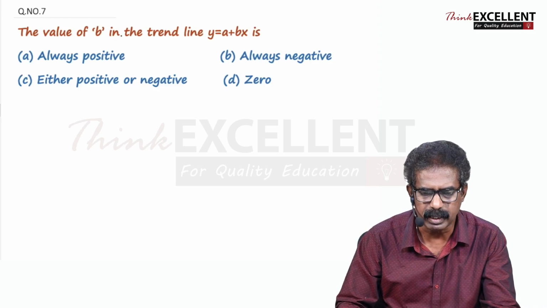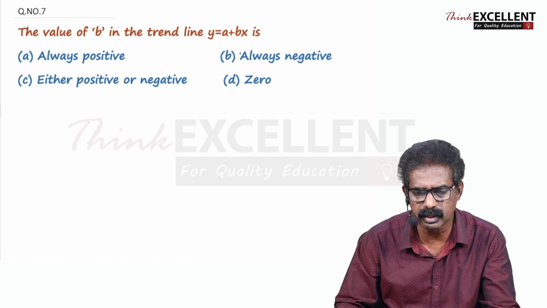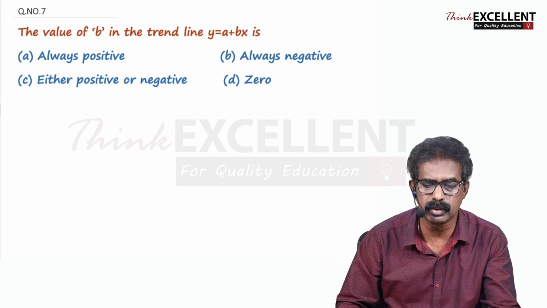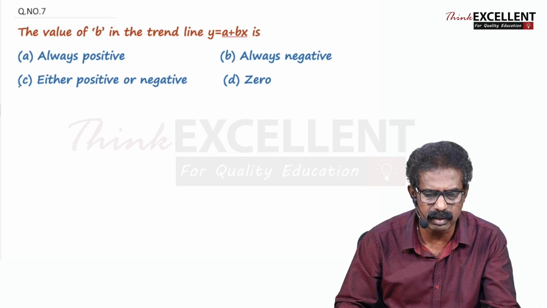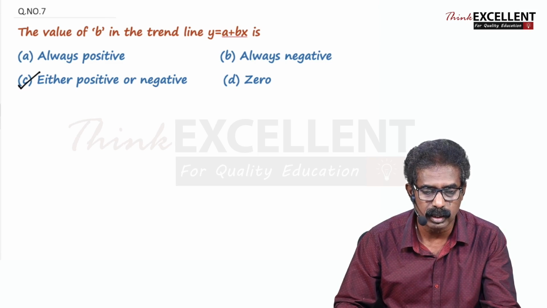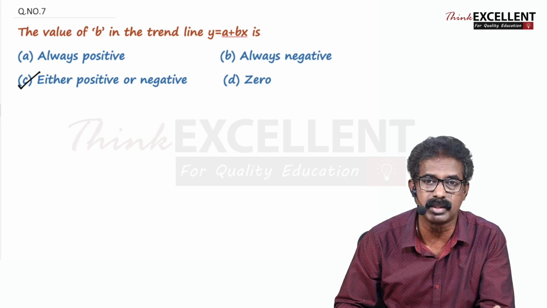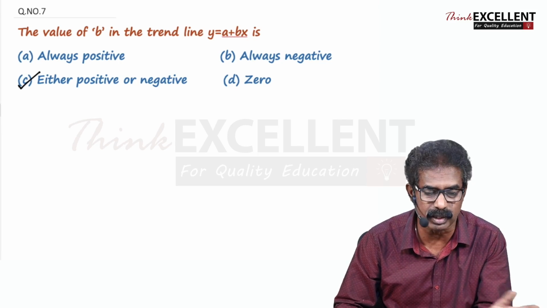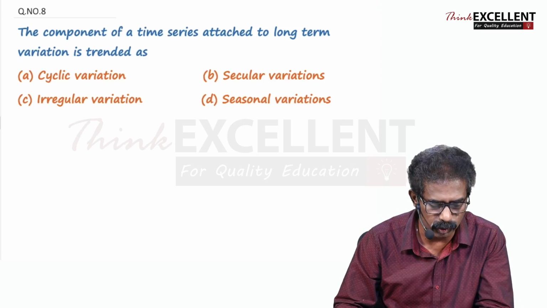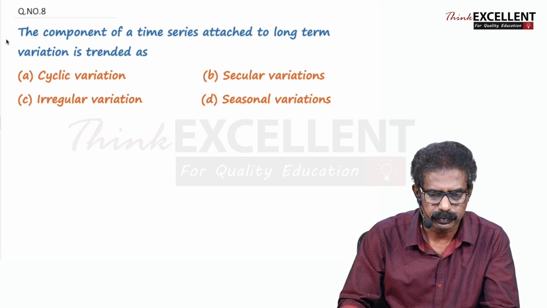The value of B in the trend line Y equal to A plus BX is always positive, always negative, either positive or negative, 0. So the value of B is either positive or negative. By the method of least squares we get normal equations, you solve them, and you get the A value and B value.